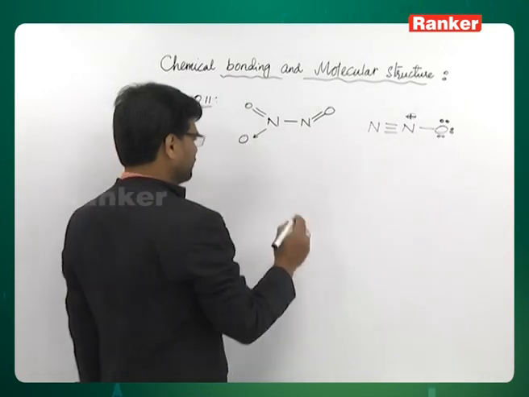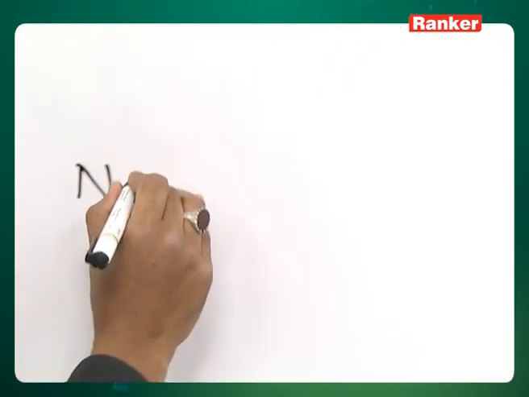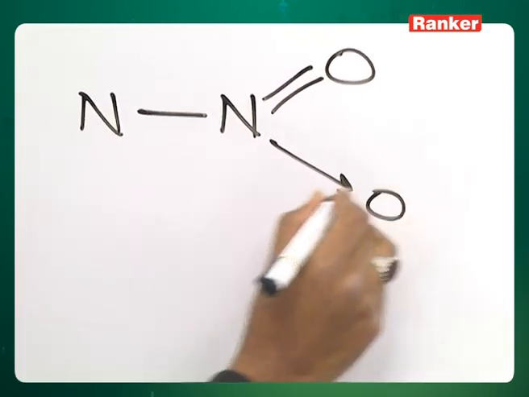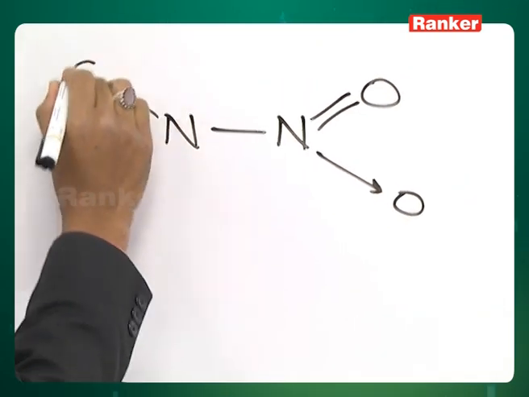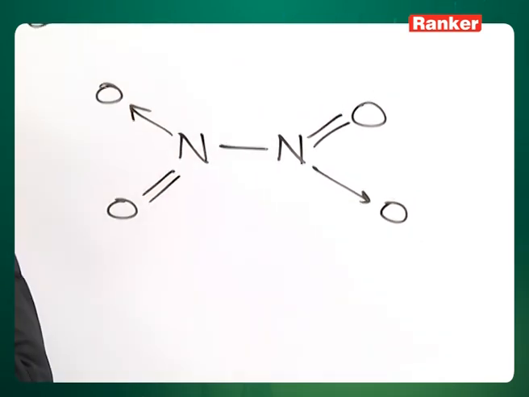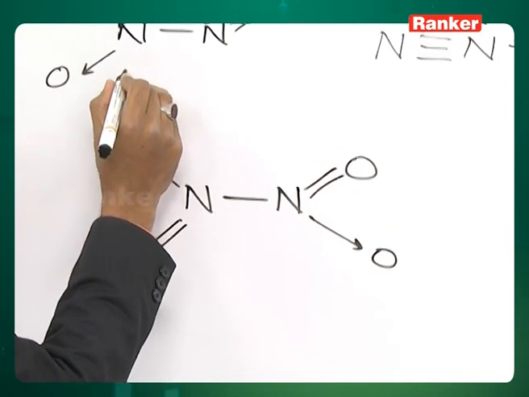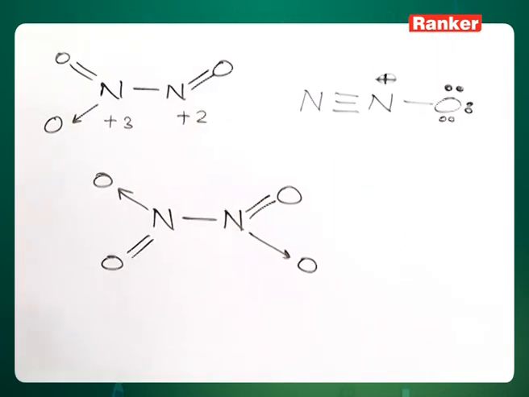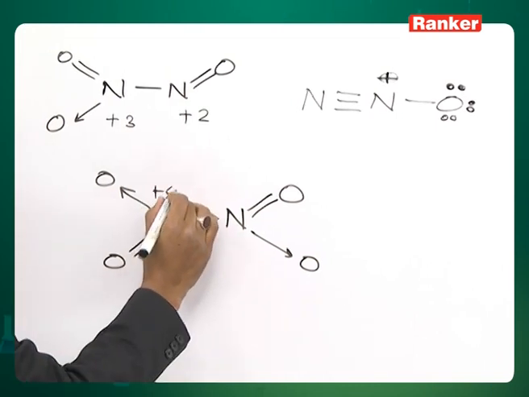Let us look at N2O4. This is N2O4. Here the oxidation state of this nitrogen is +3, this is +2, both are +4.